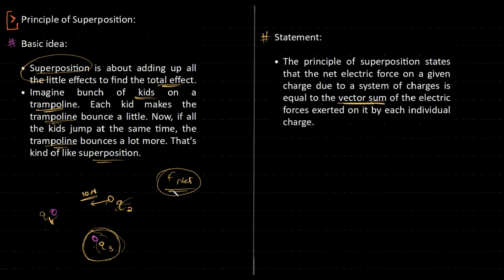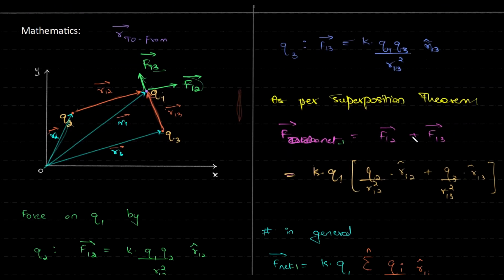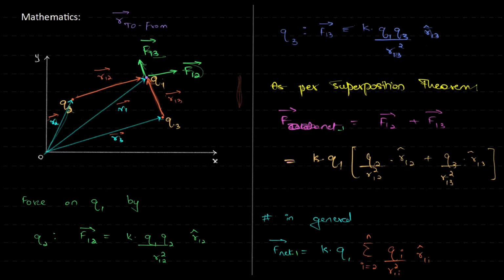The statement is that you find the net electrical force by vectorially adding the individual electrical forces. So vector addition is something you have to be very familiar with. Now we took a very simple example wherein we had two charges affecting the third charge.